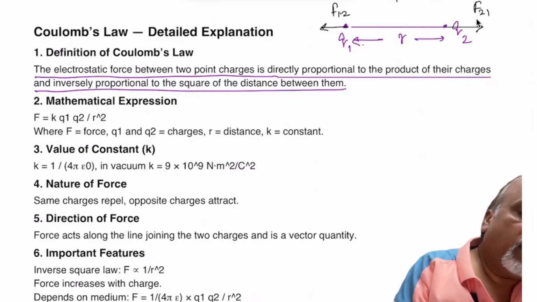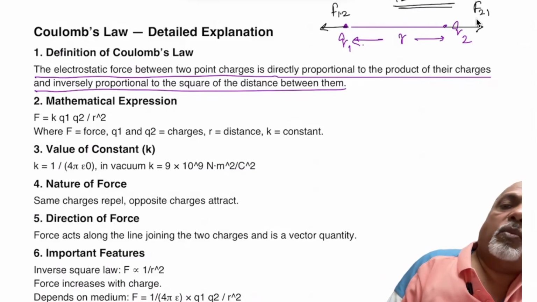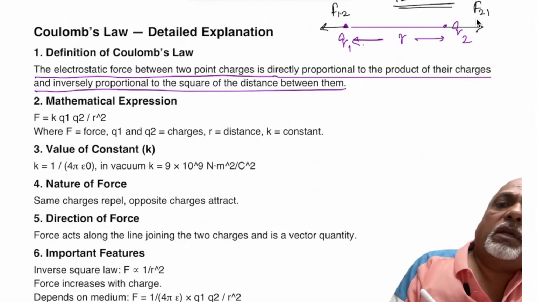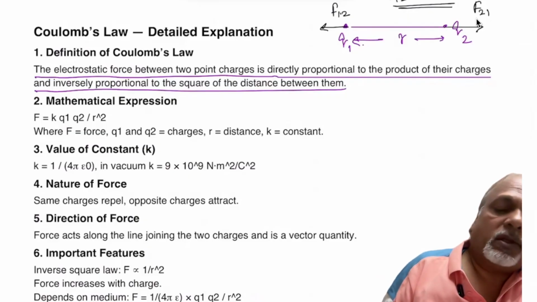Of course, F12 will be equal to minus F21. These forces will be equal to each other in magnitude. Of course, they have different directions. One is in the positive x direction, another one is in the negative x direction.